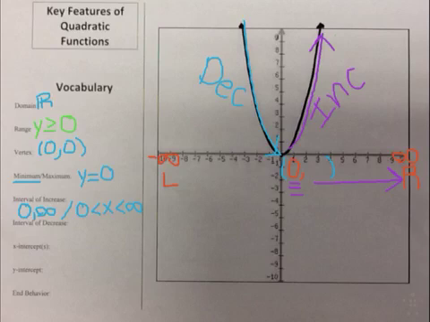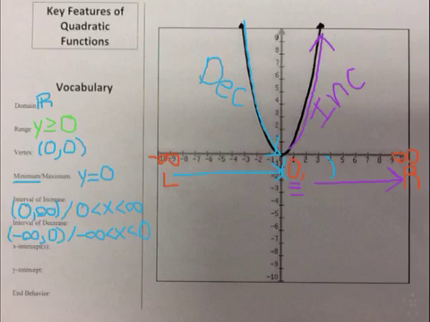So it's going from that negative infinity till it hits that x coordinate of the vertex and it turns and starts going up and increasing. So interval of decrease is going to be from negative infinity to 0. Or we can write it as negative infinity less than x less than 0.